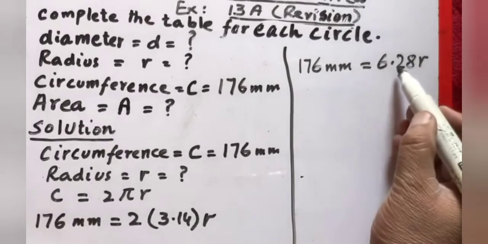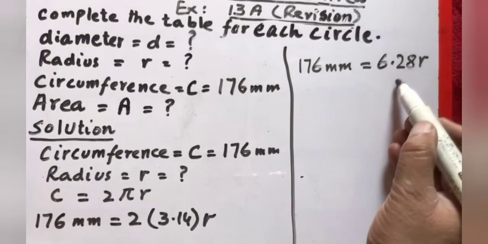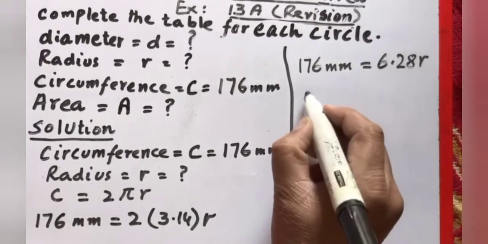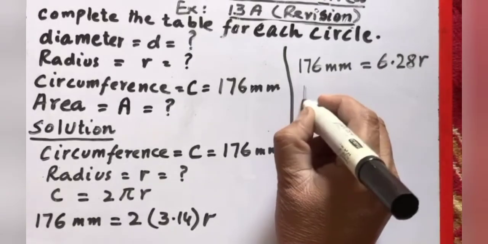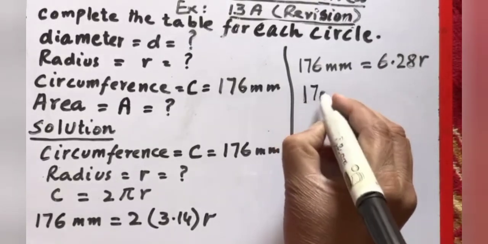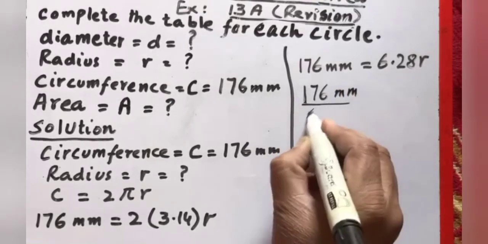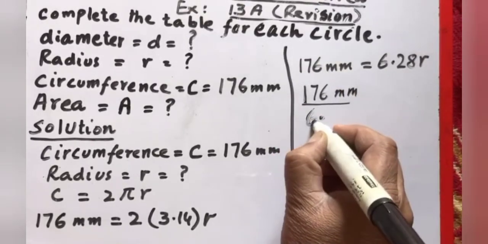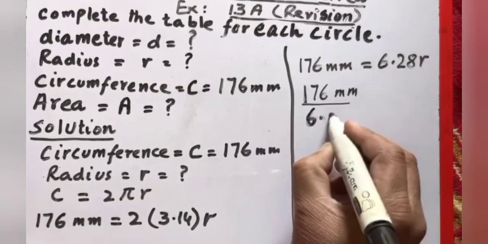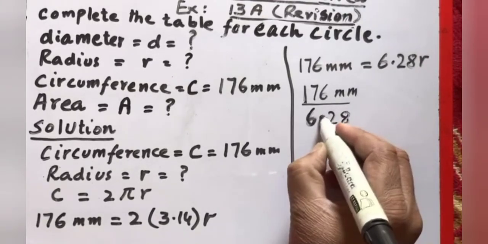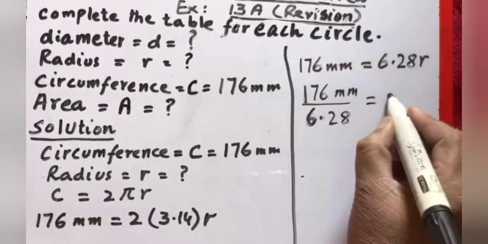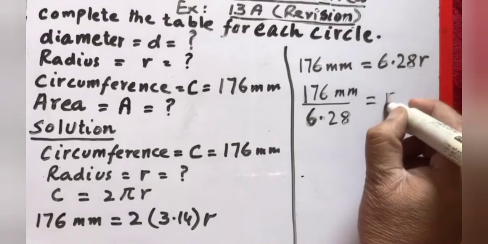So 6.28 is multiplying here. By shifting it to the left hand side, it will divide 176 millimeter, so 176 millimeter will be divided by 6.28, and the radius remains on the right hand side.